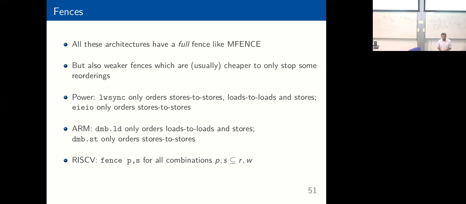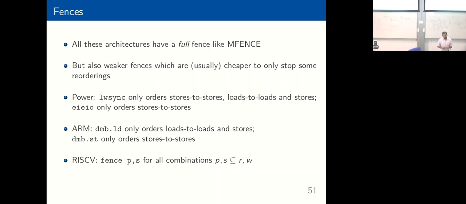So for example, on Power, if anybody does Power assembly, there's a barrier called lwsync, lightweight sync, which does not order a store before it and a load after it, but does every other combination of stores and loads. There's many similar ones on ARM, what they call dmb.st for store and dmb.ld for load.